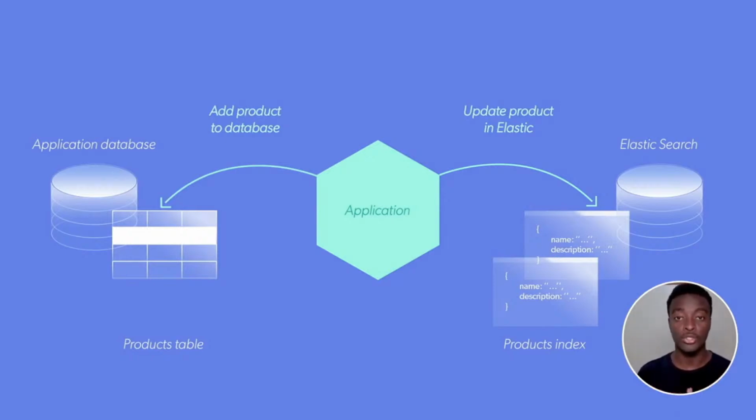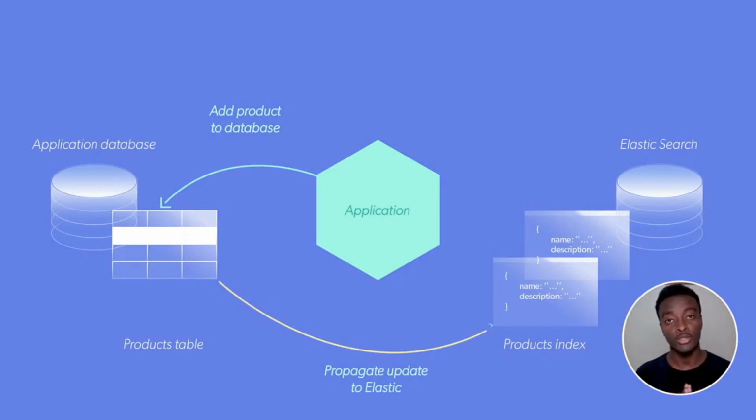The solution to this problem is to write to the primary database and have the data propagated to the search database in a consistent manner. A popular way to achieve this is using the change data capture pattern. The industry standard for implementing this is called Debezium, which is built on top of Apache Kafka. We are looking to extend the Prisma data platform to support this pattern in a way that is optimized for serverless applications while still being compatible with industry standards.